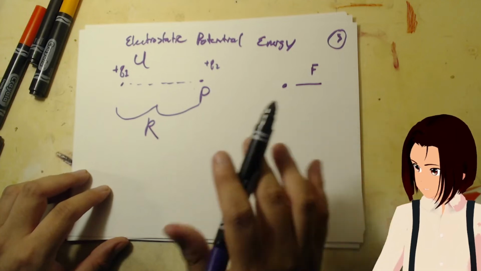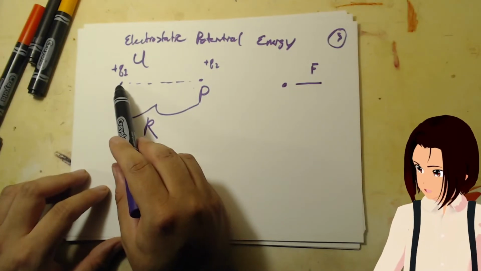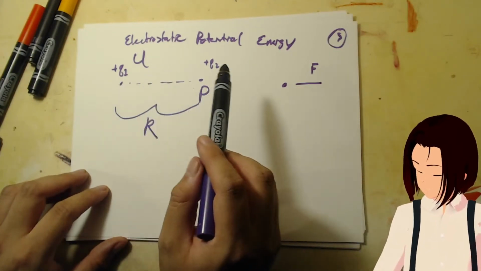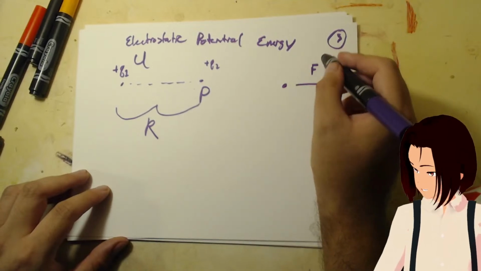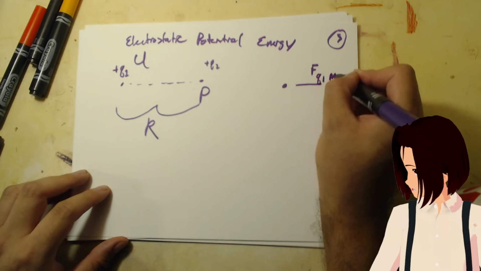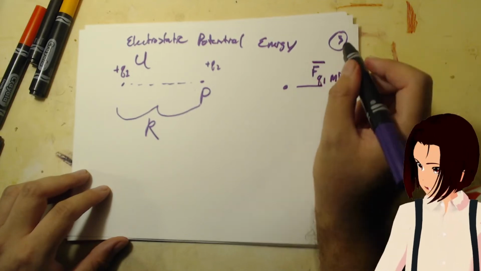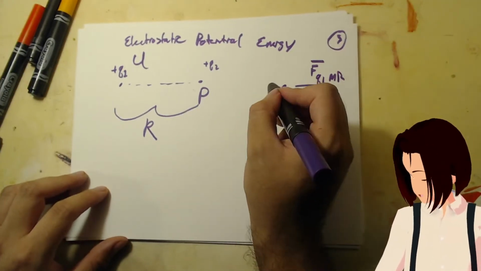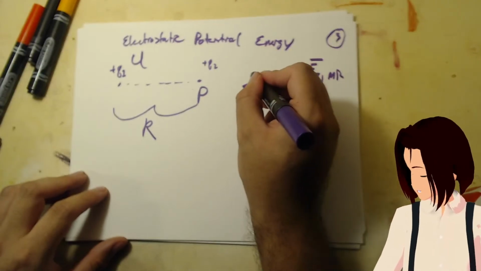So the force of charge Q1 on me is this, a vector, and I am doing my force against it.